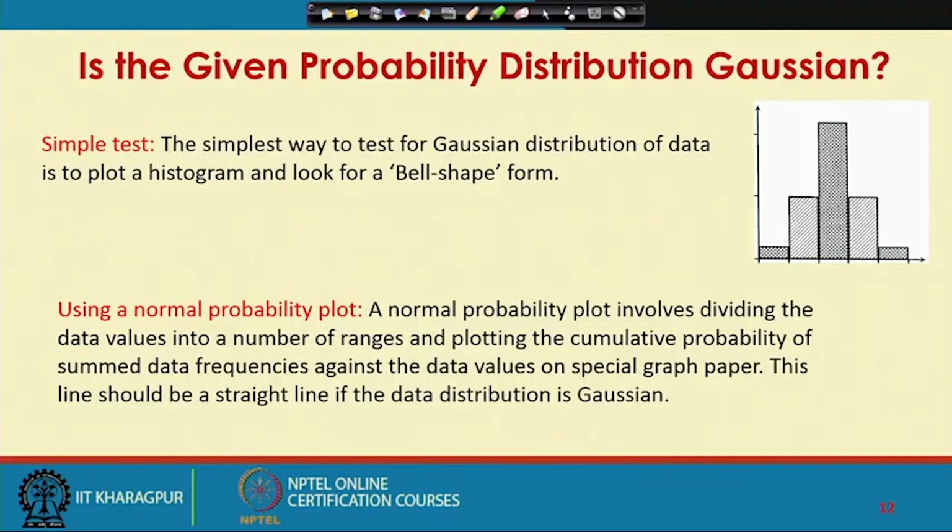Now, you have generated a set of data. How do you know that this data will follow a normal or Gaussian distribution? There are two quick tests for this. One is a simple test. The simplest way to test for Gaussian distribution of data is to plot a histogram and look for a bell shaped form.